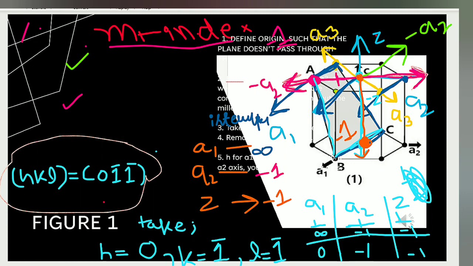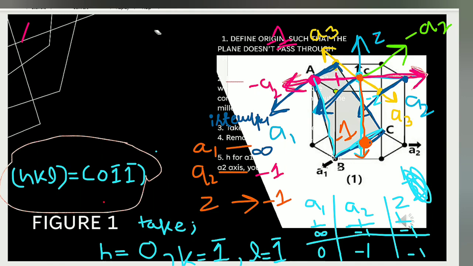Now let's find out the Miller-Bravais indices for the plane, which is super easy. There are two ways that you can adopt, and let me tell you the easier one first, because it's up to you which method you want to follow.